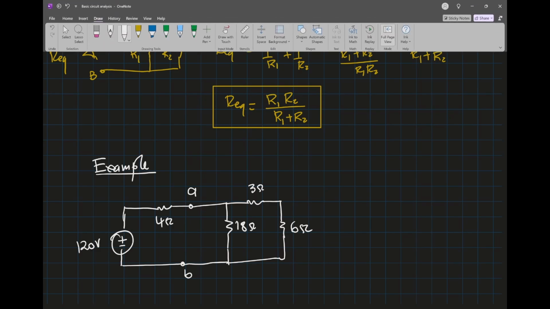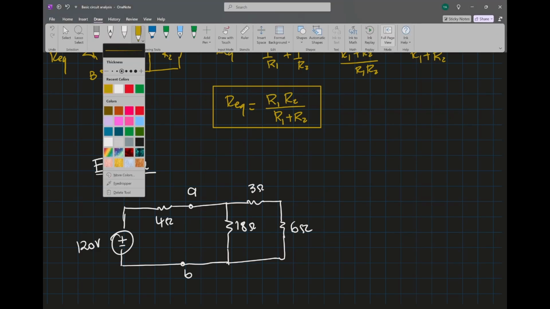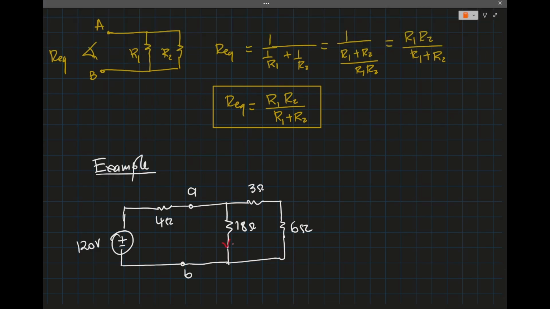So let's say that we call this current I1, call this current I2.